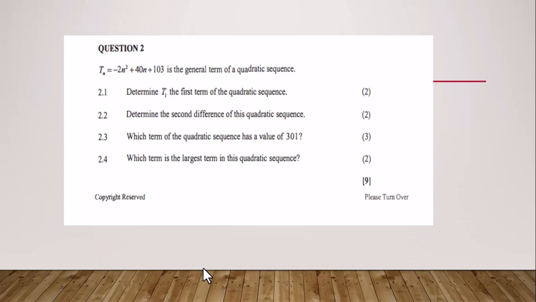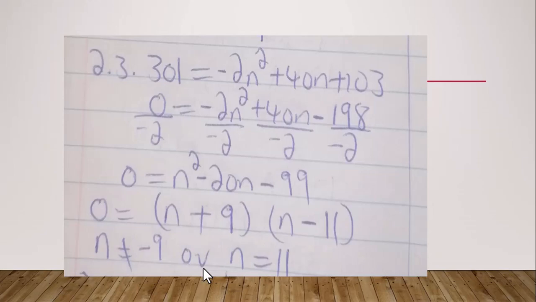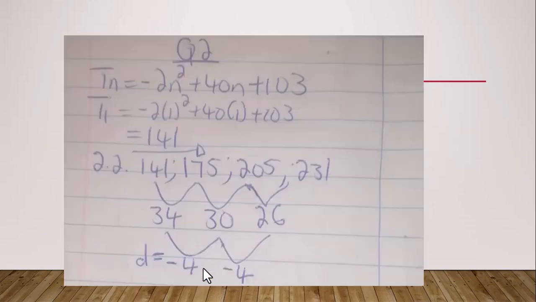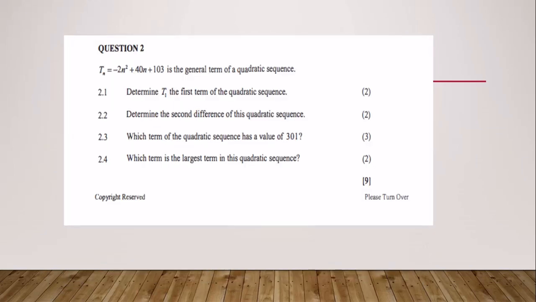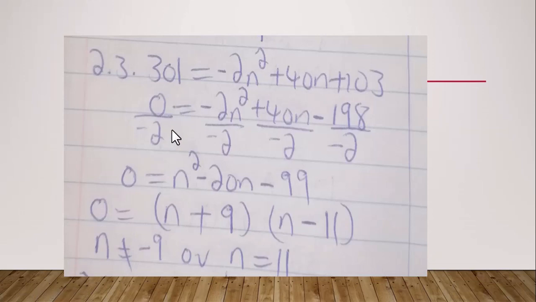And then in 2.3, they say to us which term of the quadratic sequence has a value of 301. So that 301 becomes your Tn. So you will substitute that in the original equation here and you find the value of n.